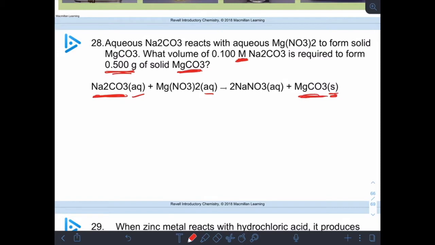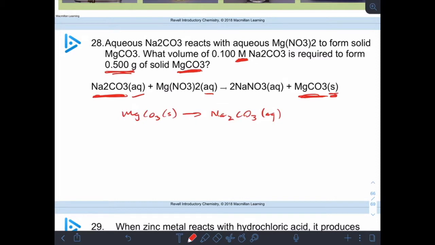So I'm going to go from magnesium carbonate and use that to find the sodium carbonate. And then I'm going to use the molarity as a conversion factor to find volume. Okay. So let's go through that process.